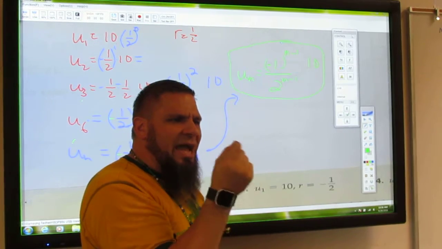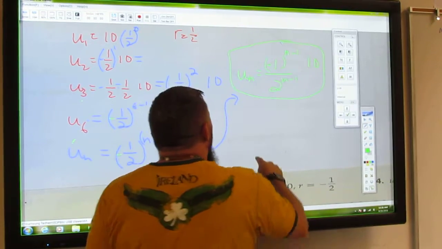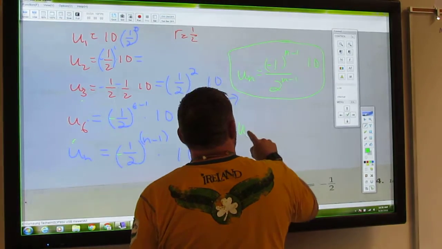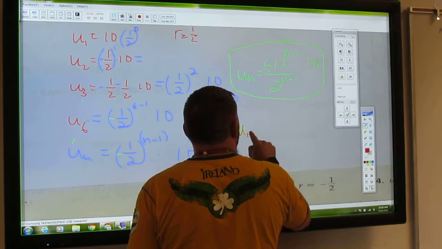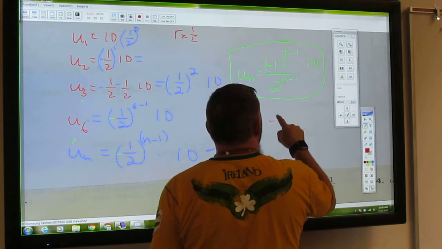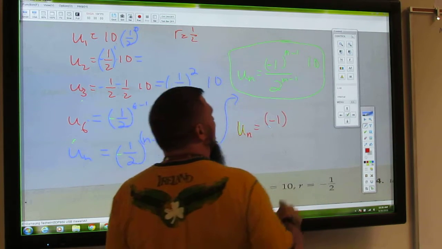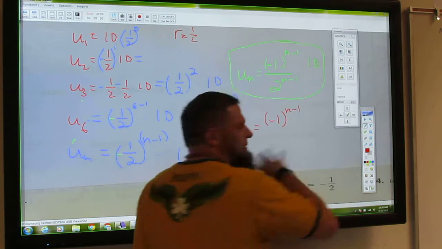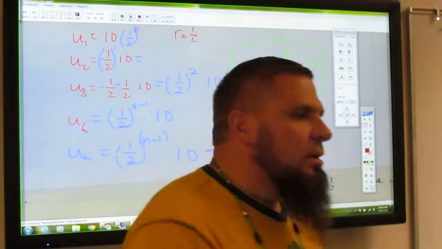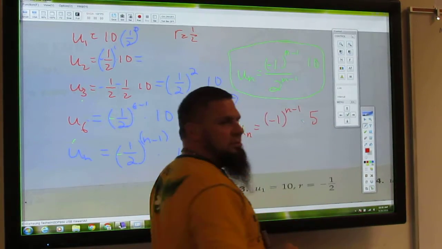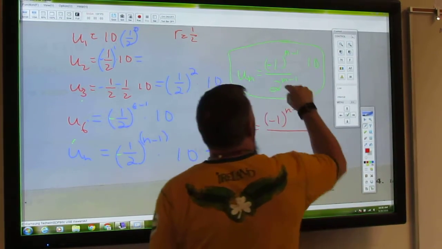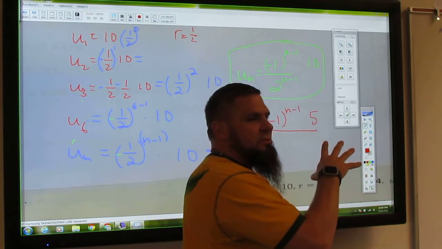So u sub n is equal to negative 1 to the n minus 1. That one doesn't change. But I know that 2 goes into 10 5 times, and that gets rid of one of these 2's.